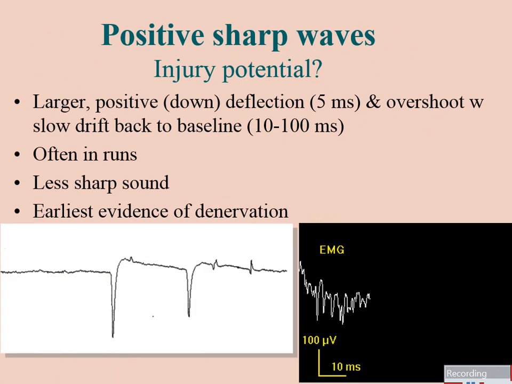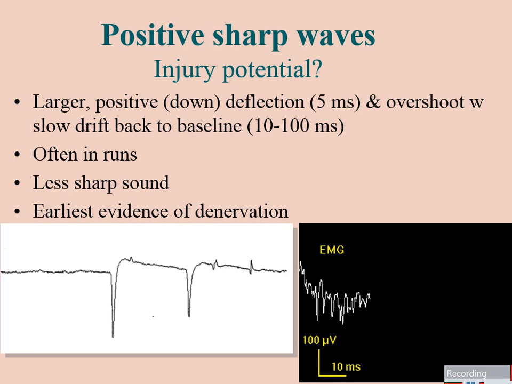Now another waveform that we'll see with denervation is the positive sharp wave. These are much larger. They're a big wave, about the same amplitude as the motor unit action potential. But they just have a single positive deflection and then an overshoot past the baseline and then another one.